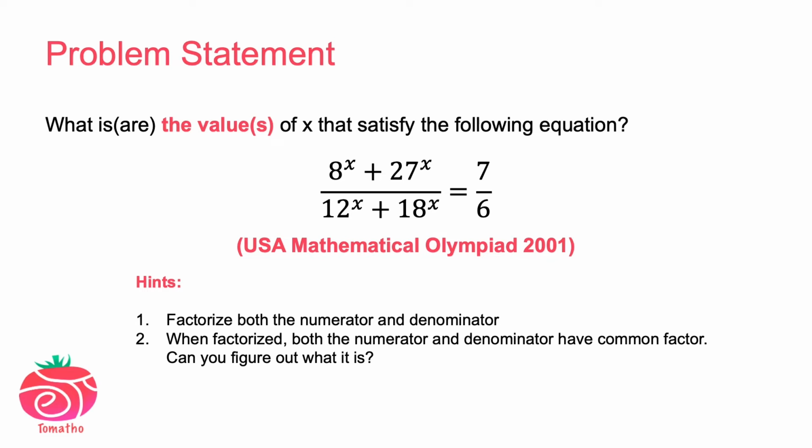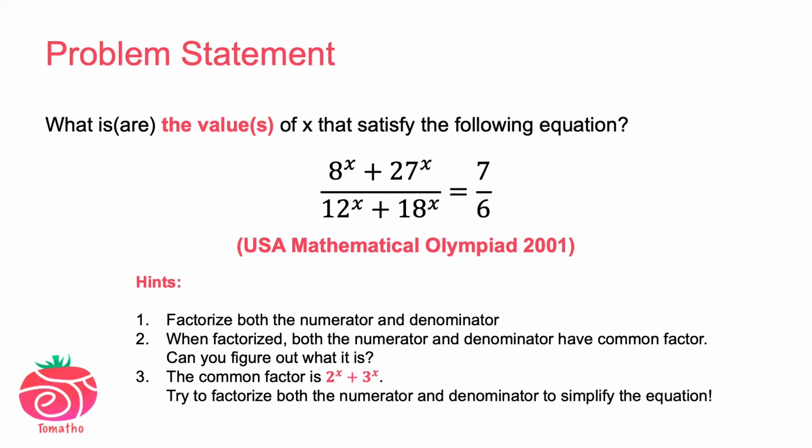Next, when factorized, both the numerator and denominator have a common factor. Can you figure out what it is? Third, the common factor is actually 2 to the power of x plus 3 to the power of x. Try to factorize both the numerator and denominator to simplify the equation.